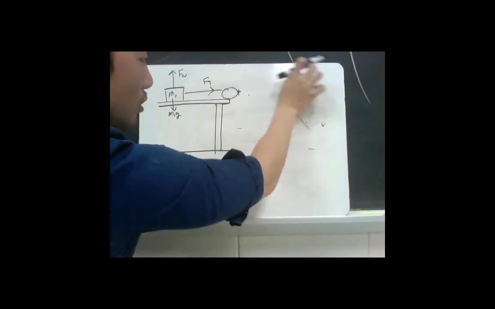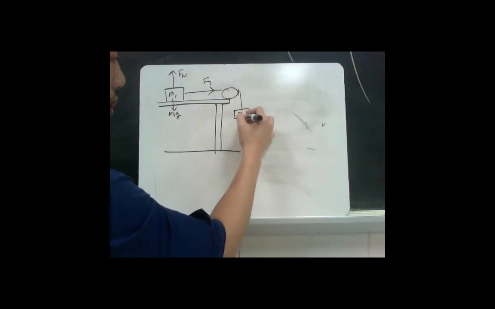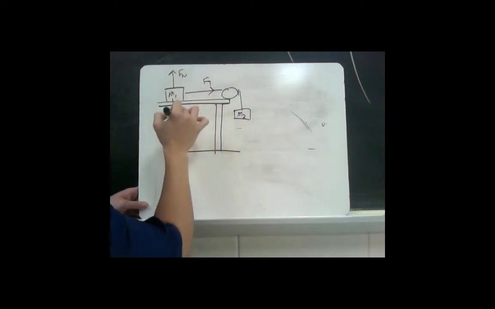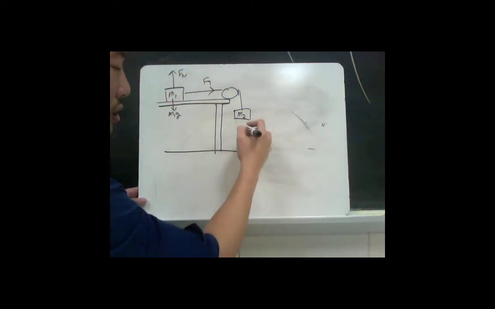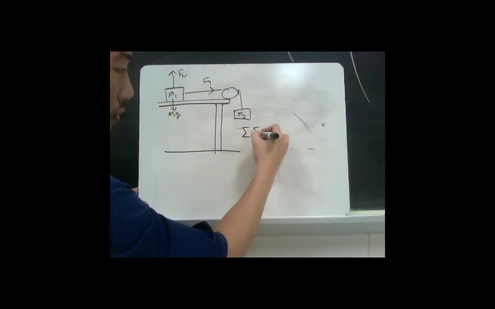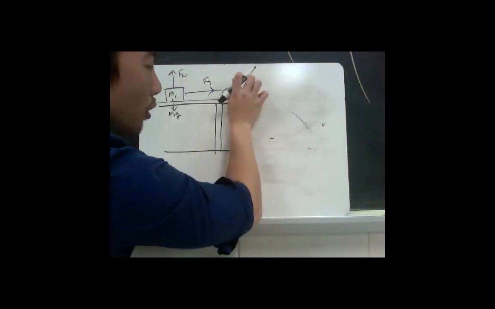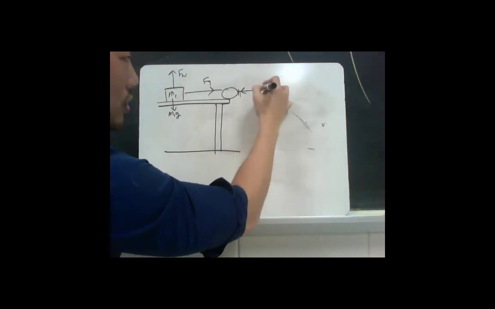When this mass was hanging down below, like so, okay, this object doesn't move in the up or down direction. So because m1 doesn't go in the up or down direction, your net force for the y direction will be 0. Okay, so the only equation you have to worry about is the f of x net force equation, which I'll rewrite like this.